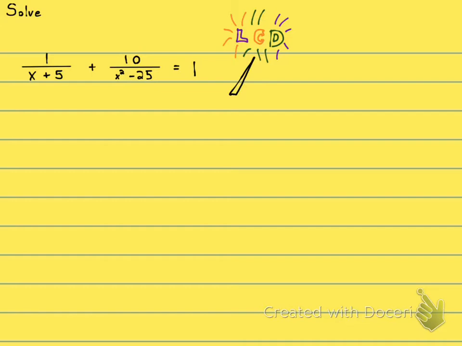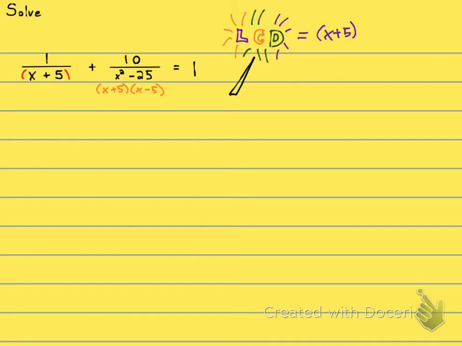So I need to find the LCD. First, I look at this denominator right here, and I know that I am going to have an x plus 5 in my LCD. And then I look at this denominator here, and it's not factored, so I'm going to go ahead and factor it. x plus 5, x minus 5.